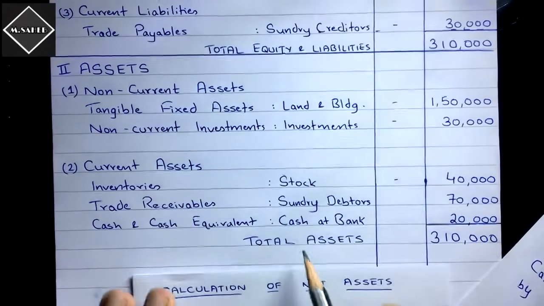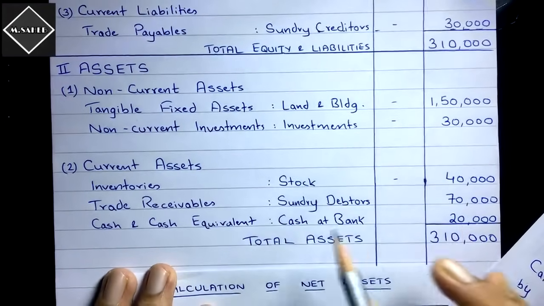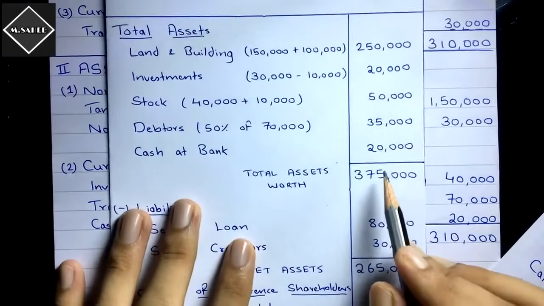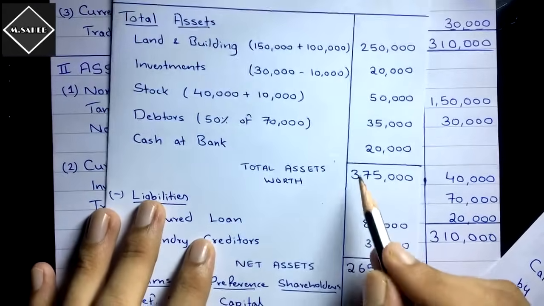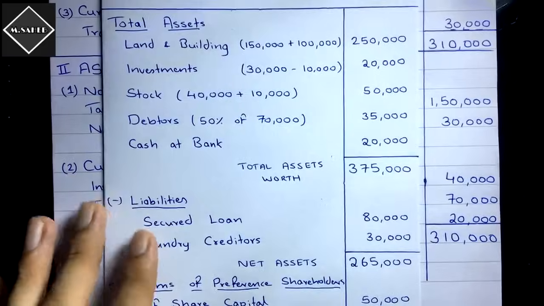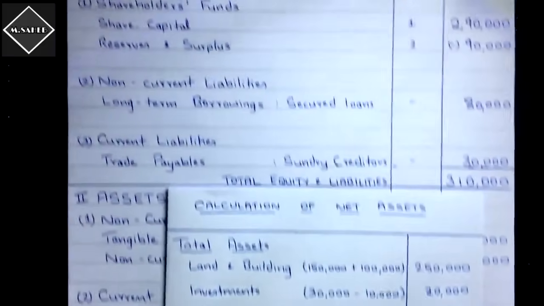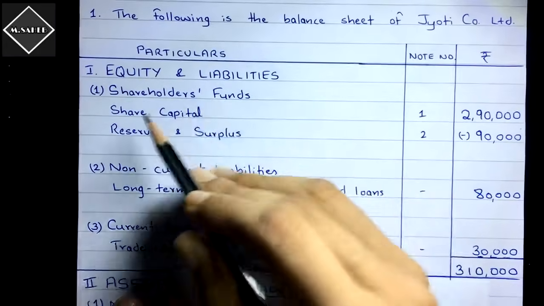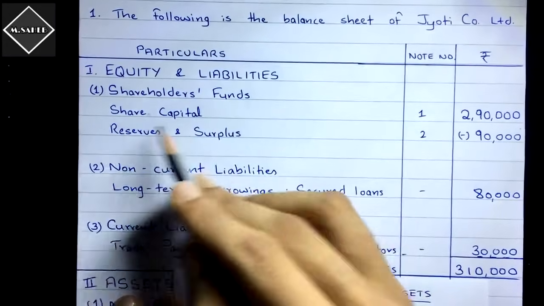Okay, and then they have given us cash at bank, and there is no adjustment for cash at bank, so we'll directly take cash at bank, 20,000. Fine. So the total assets worth is 3,75,000. Then we will go on deducting the liabilities. We are not deducting shareholder funds, that is equity share capital and reserves and surplus.